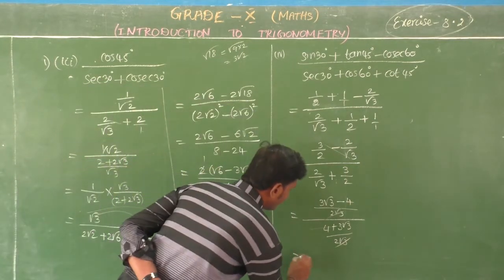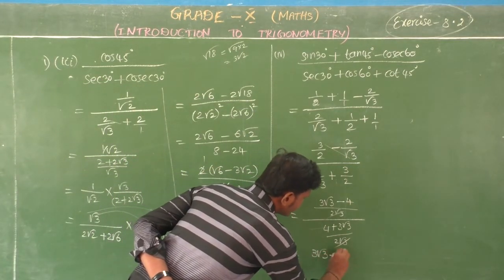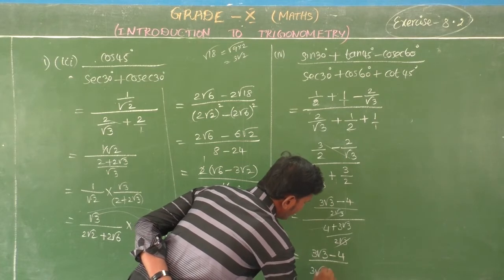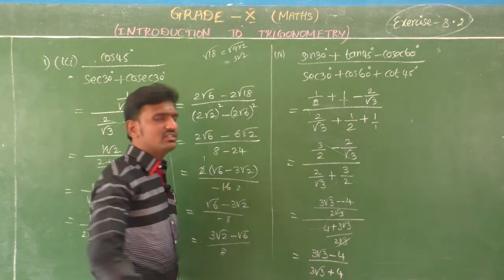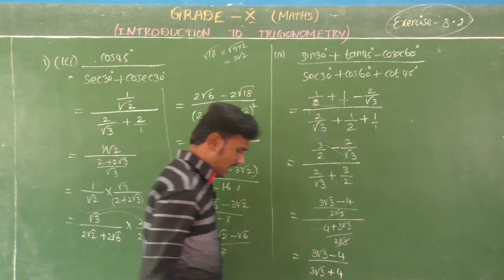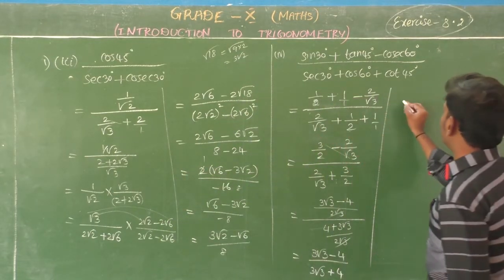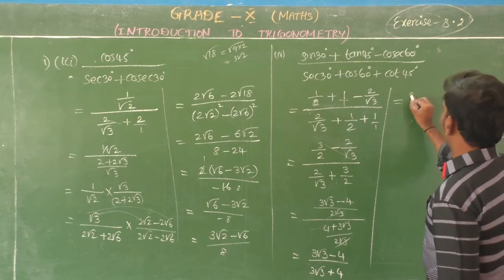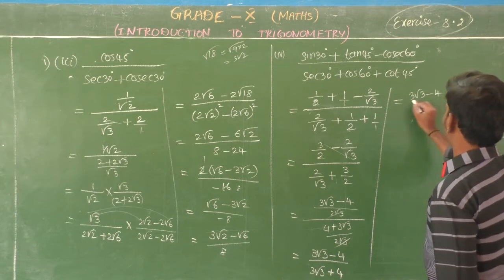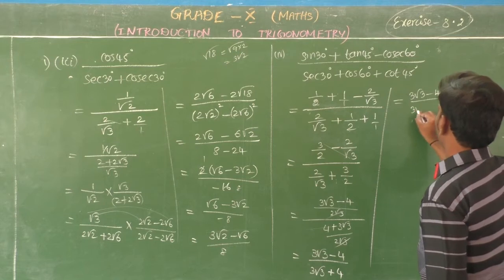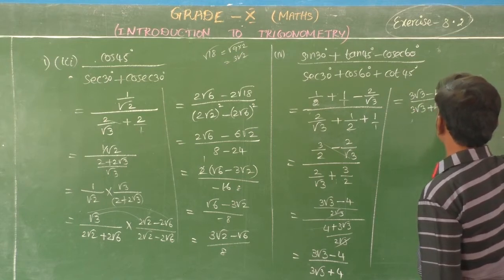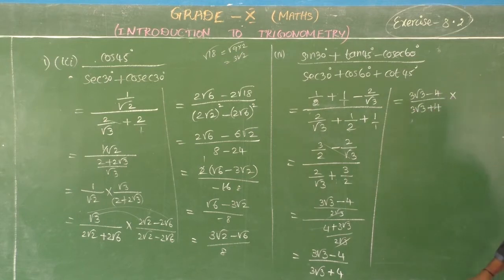Now what is remaining? 3 root 3 minus 4 whole divided by 3 root 3 plus 4, or 4 plus 3 root 3. Okay. Now I am going to take the conjugate factor of the denominator to get 3 root 3 minus 4, the whole divided by 3 root 3 plus 4 into, what will come?